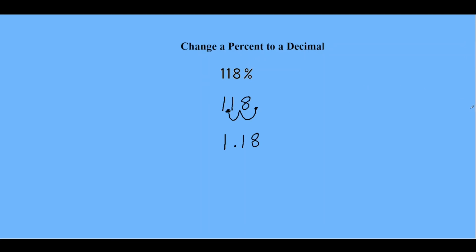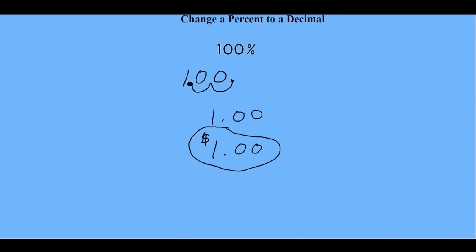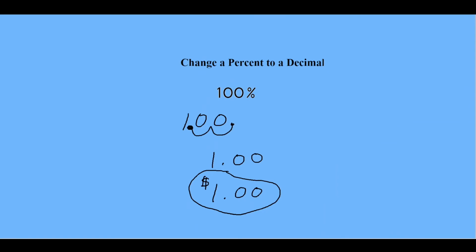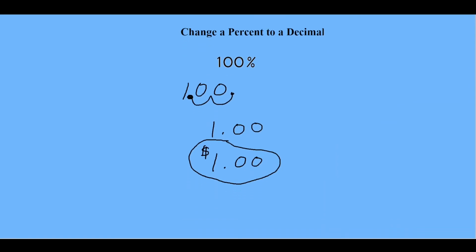Very good. So let's just do a quick review before we go any further. I want to go back up to the 100%. So when you think of a percentage, it's a part of something. So suppose we have a candy bar. This is a candy bar, and this is 100% of the candy bar.